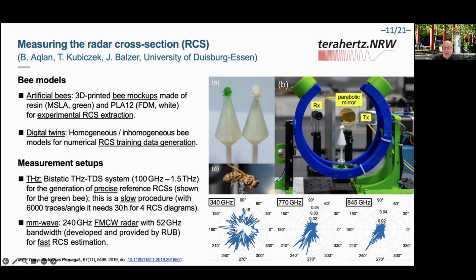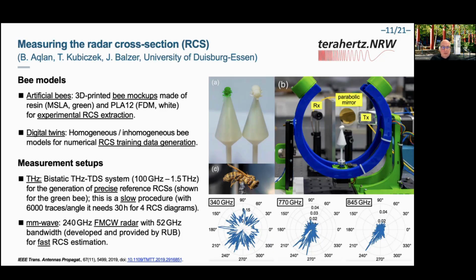What I show here in the lower part of the figure are very detailed radar cross sections at 3 different frequencies for the green bee mock-up. But one also has to say that 600 traces per angle are needed to resolve these measurements, and that lasts roughly 30 hours for 4 of such radar cross sections.